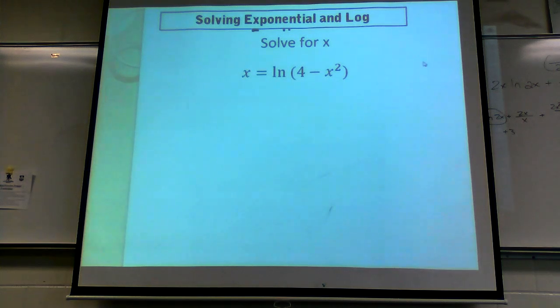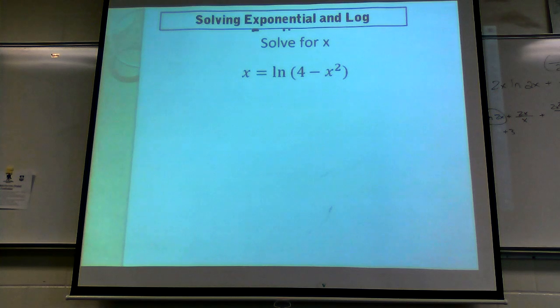All right, this is the last one. The issue with this one is I've got a log on one side and something other than a number on the other. Like the last problem, I had logs on one side and a number on the other, which I could solve out. This one I don't.